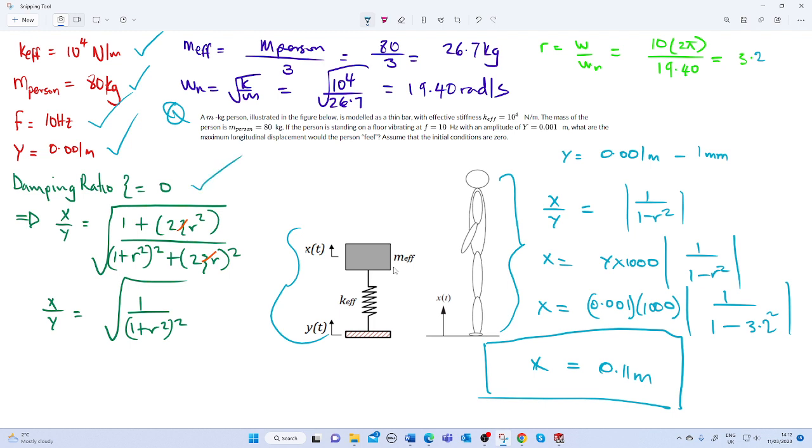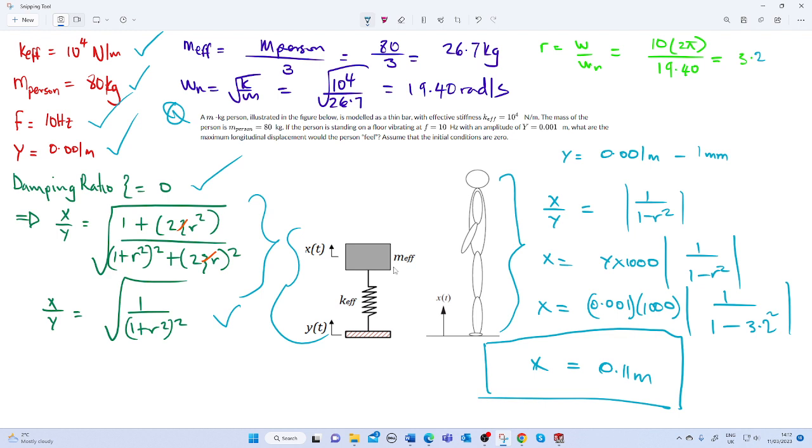So if the damping ratio is 0, using the equation of the X over Y displacement amplitude of a mass body system on a resonance, which gives us this particular equation. Now that the damping ratio equals 0, that becomes X over Y equals root of 1 over 1 minus r squared.